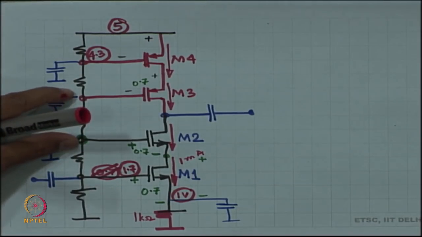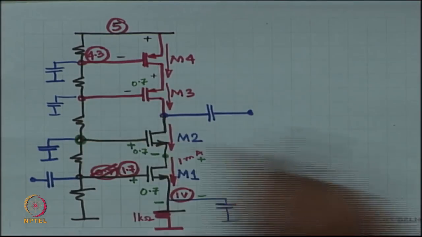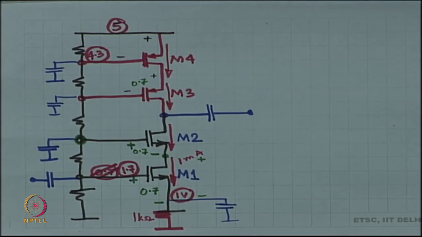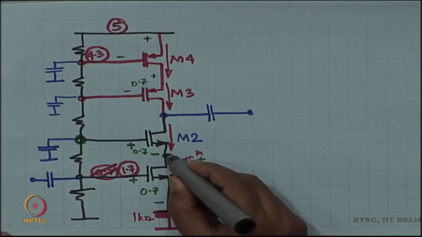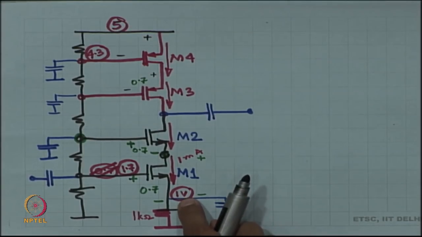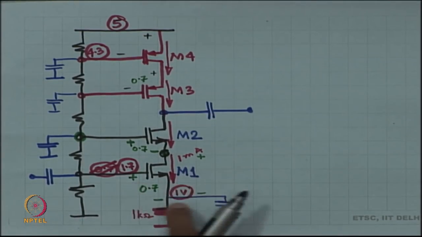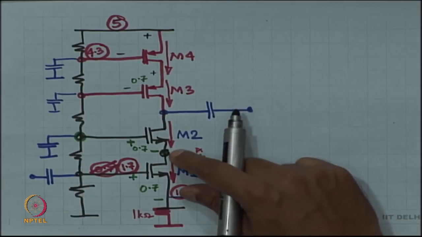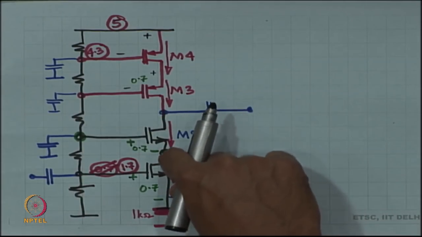What should the values over here be at these two nodes? First of all, what should the value over here be? This is 1 volt. I have a gate overdrive of 0.2, which means VDS has to be more than VGS minus VT.